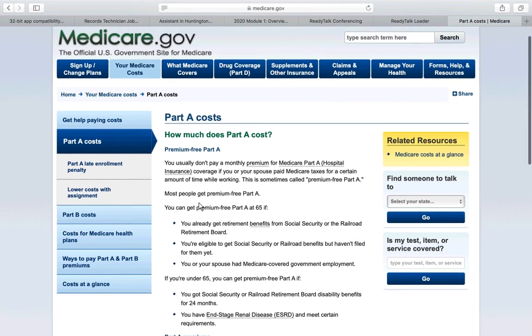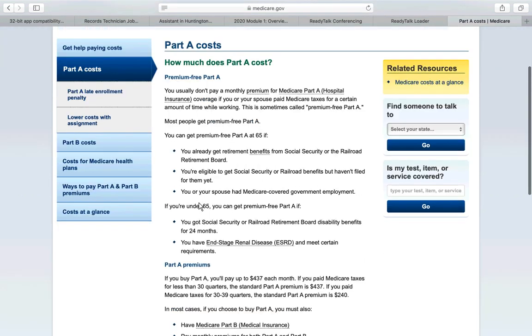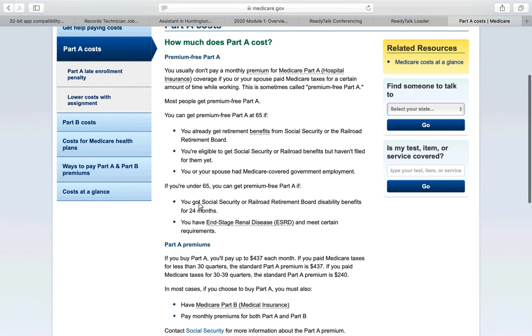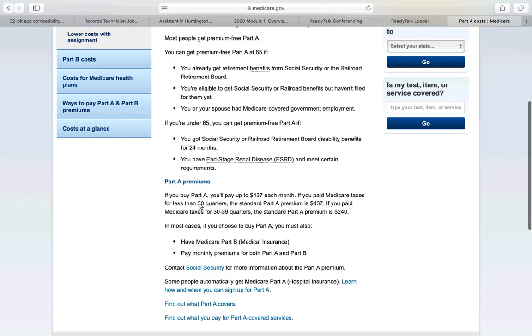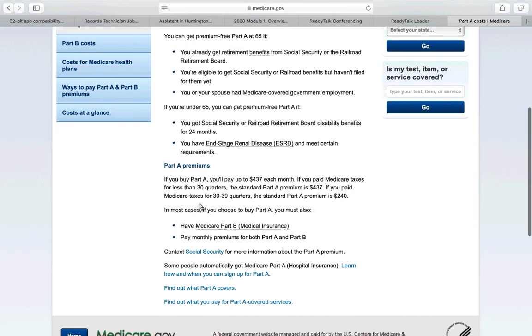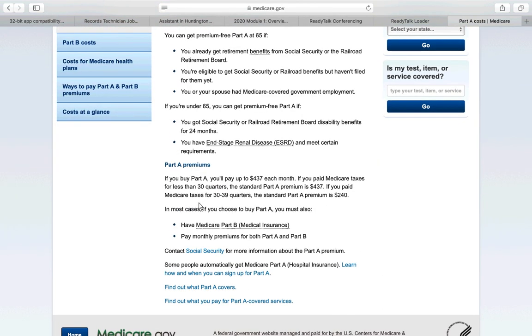And for me to be able to get to where I'm at now, this was very helpful because, for example, if you ever have somebody ask you, hey, I don't have any credits for Medicare, but can I purchase Medicare? The answer would be yes. And they say, well, how much would my Part A cost me if I don't have any credits? At that point, you can say, hey, well, let me look that up for you. You can look it up, and it'll tell you right here.